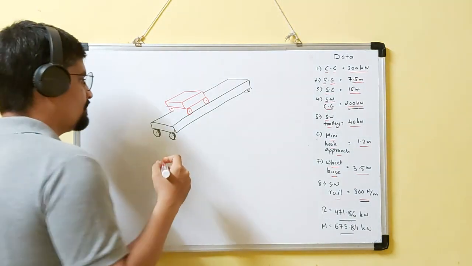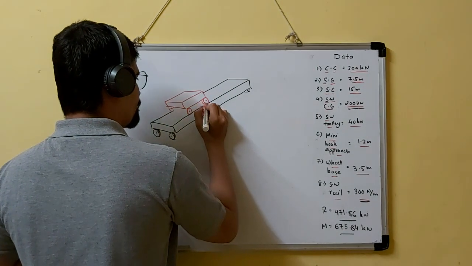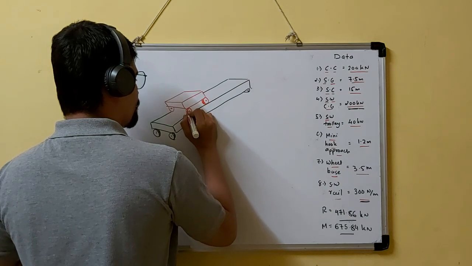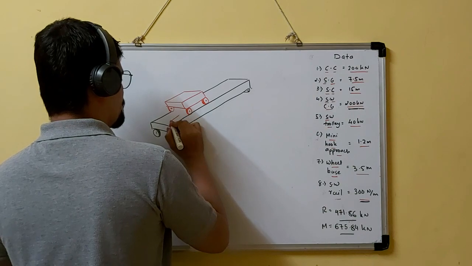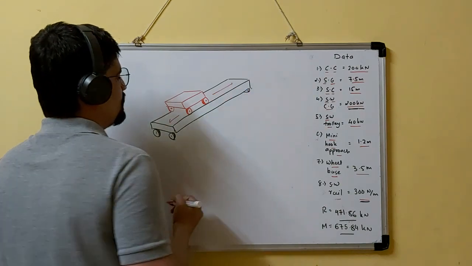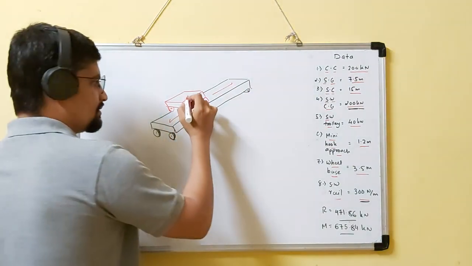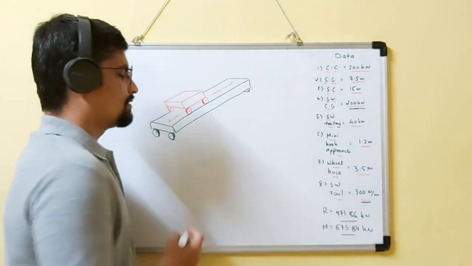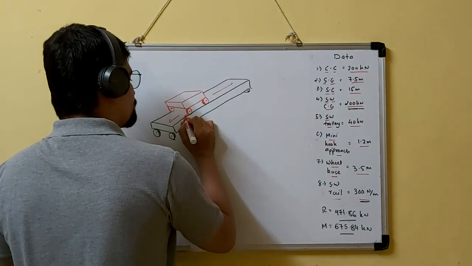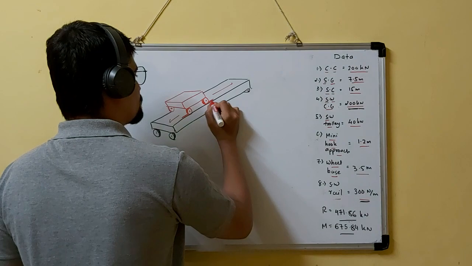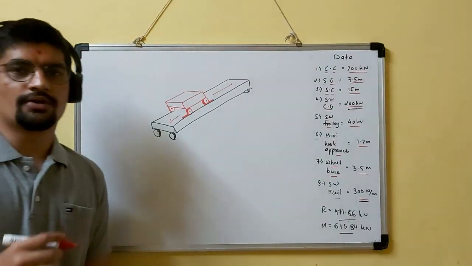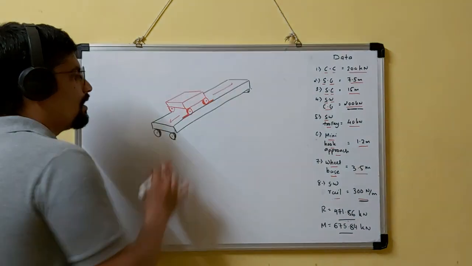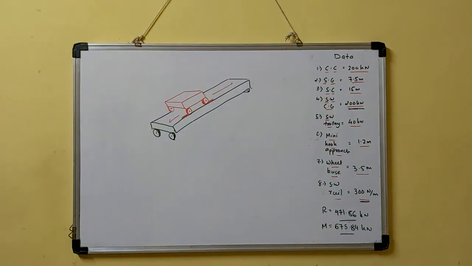The trolley will move in this direction. Due to the starting and stopping of the trolley, the surge load will occur here. It is also known as drag force.